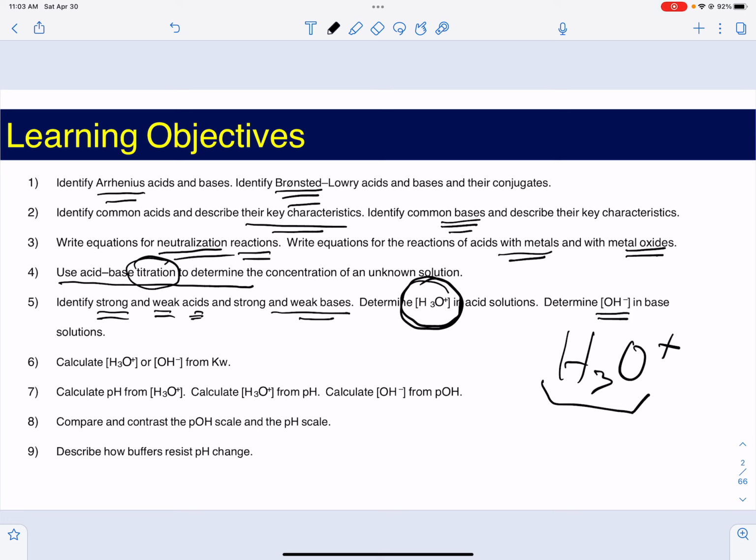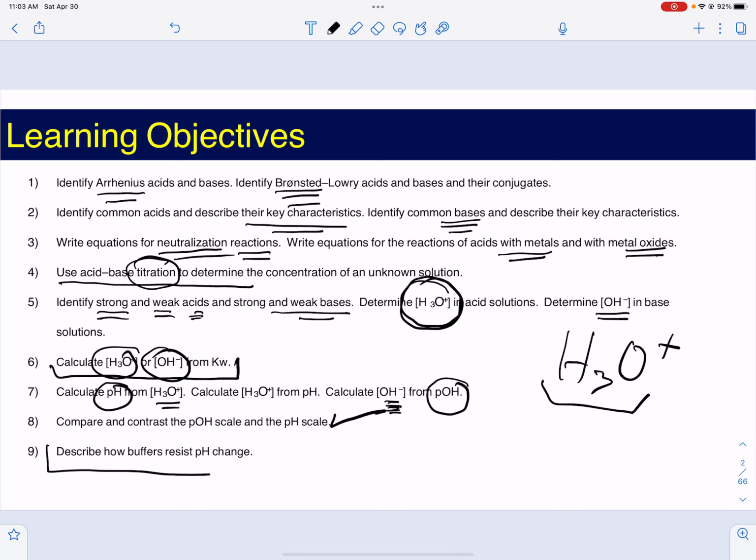We're going to see how we can always calculate one given the other. Then we're going to develop a scale based on the concentration of both of them. The respective scales are called the pH scale and the pOH scale, which are inverse to each other.